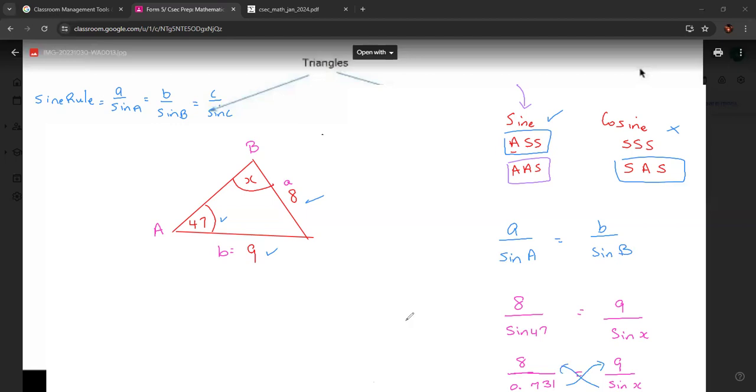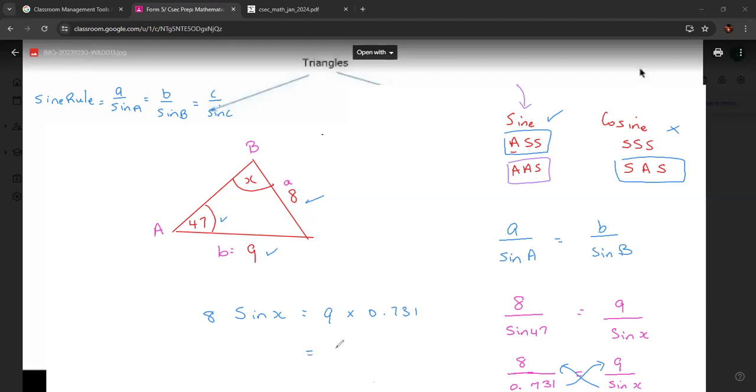So you're going to end up with sine of X times 8. So I'll put 8 sine X is equal to 9 times this. So that will be 9 times 0.731. Use your calculators and you'll get 9 times 0.731.